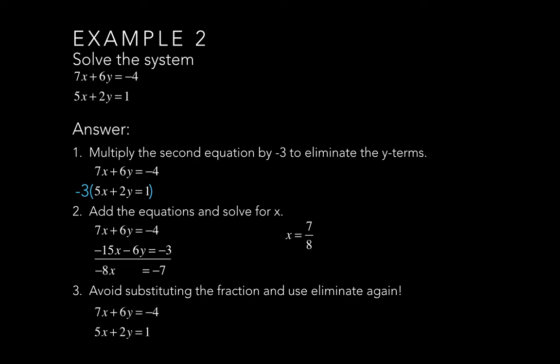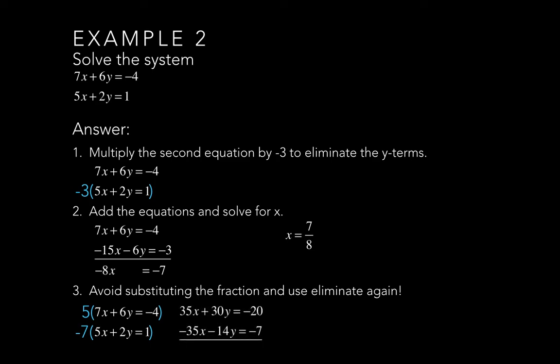So looking at the original equations in our system, if we're going to eliminate the x terms, you'll notice 7 and 5, we can't just multiply one, we're going to have to multiply both. If we multiply the first one by 5 and the second one by -7, then we will have a positive 35x and a negative 35x, and we'll be able to eliminate.